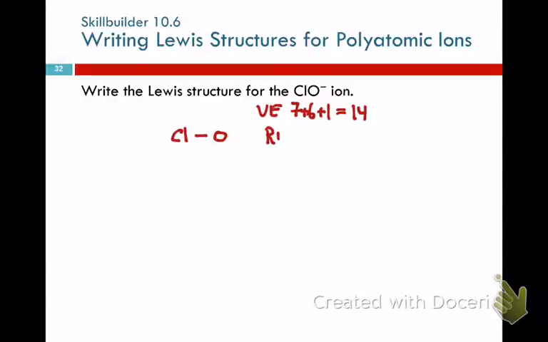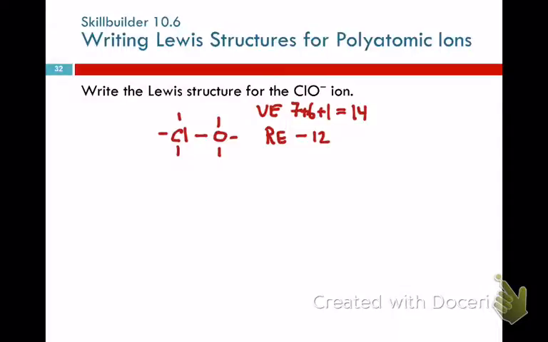My remaining electrons, I've just drawn 1 bond, so I have 12 left. So that means I have to distribute 6 pairs. I like doing them in pairs so I can draw lines. So I'm going to go 1, 2, 3, 4, 5, 6. What do you think? It's done.